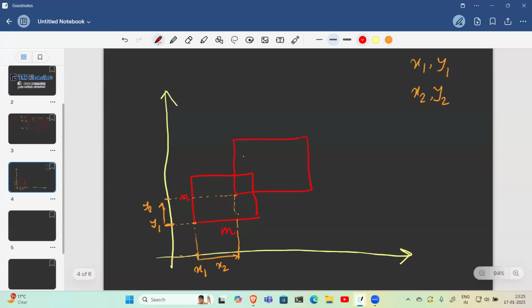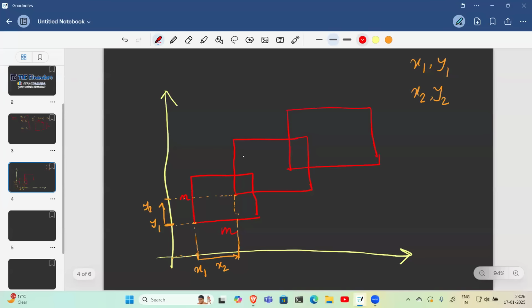Now, the question says that whenever you put a stamp somewhere, this area gets filled with ink. Initially, this area got filled with ink. Since you moved the stamp, even this area got filled with ink. Similarly, you keep on moving the stamp depending on the x3 and y3 values.